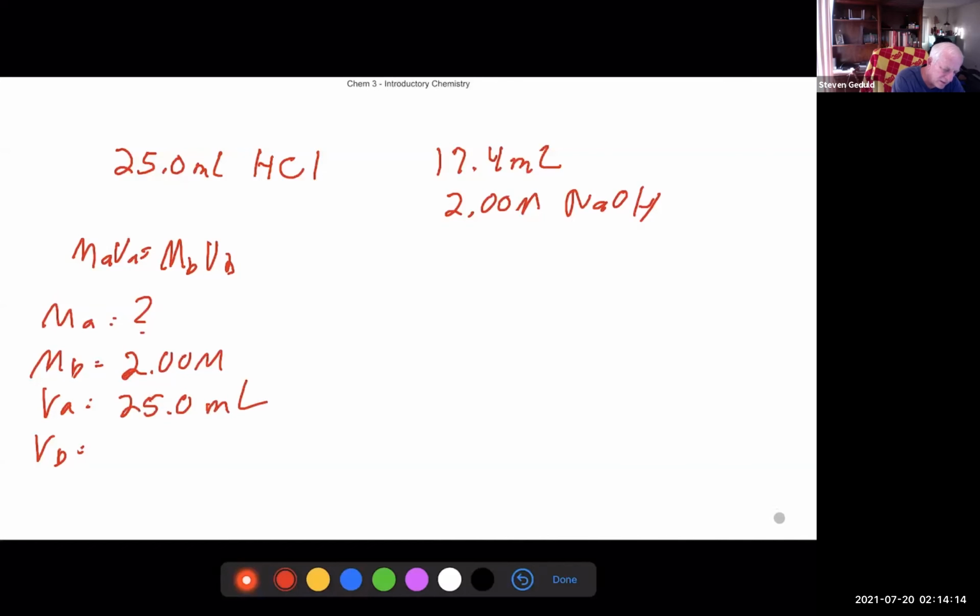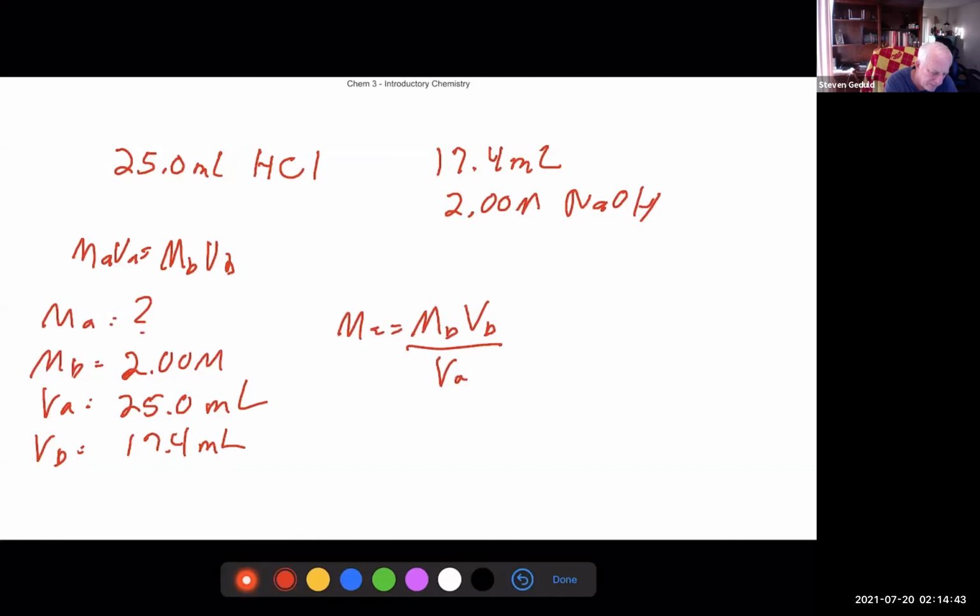Volume of the base is 17.4 milliliters. There's our numbers, and all we can do is rearrange our formula and plug them in. Okay, so we're looking for Ma. Ma is equal to molarity of the base times volume of the base, divided by volume of the acid. Just rearranging our numbers there.